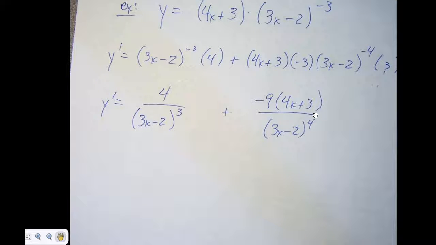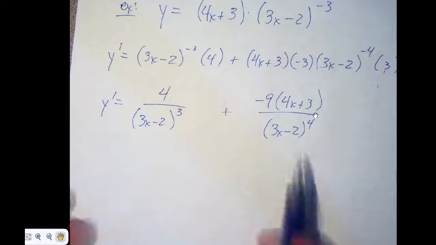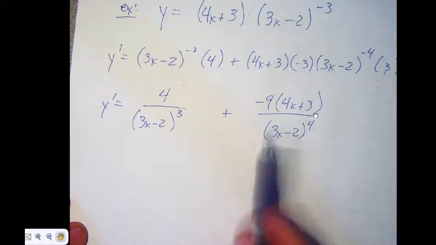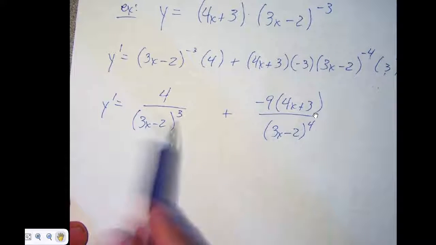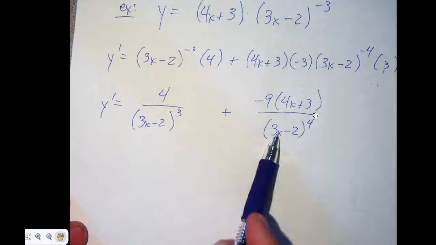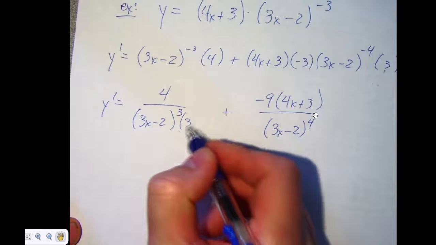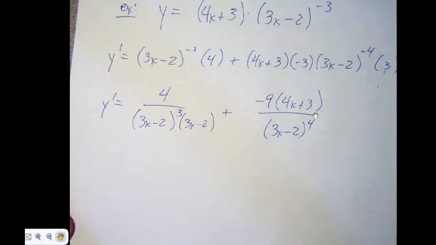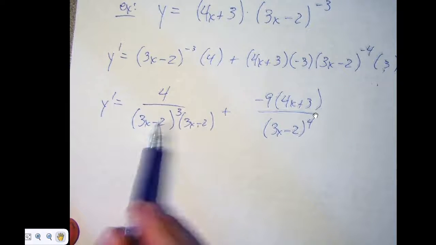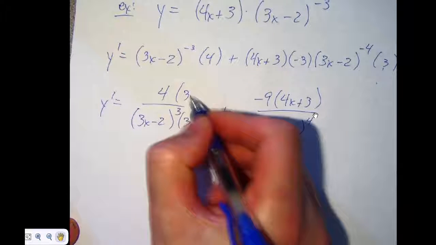Right? So then I want to add them up. I need a common denominator. You're always going to have the chunk to the bigger power as your common denominator. So this I'm just going to leave. And what could I multiply this by to turn it into that? Just another one, right? So I'm going to multiply by 3x minus 2, which now I'll have 4 of them down there. If I do that to the bottom, I have to do it to the top also.